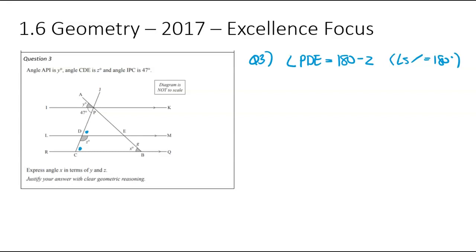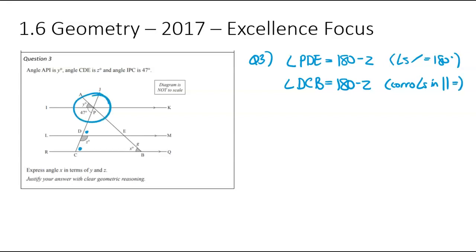After that, I've moved down here to angle DCB. I also know that angle DCB is equal to the same thing, 180 minus Z, and it could have been because it's co-interior to Z, or it could have been because it's corresponding to angle PDE. I'm going to use the corresponding angle rule. So corresponding angles in parallel lines are equal to each other.